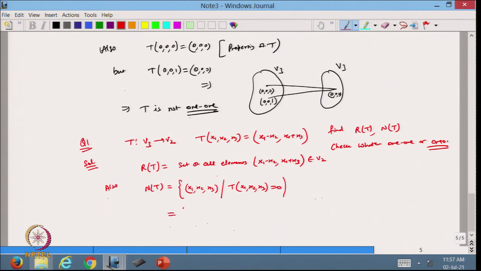It means that (x1 minus x2, x1 plus x3) should be (0, 0). From here I can say that my x1 should be x2 and my x1 should be minus x3.